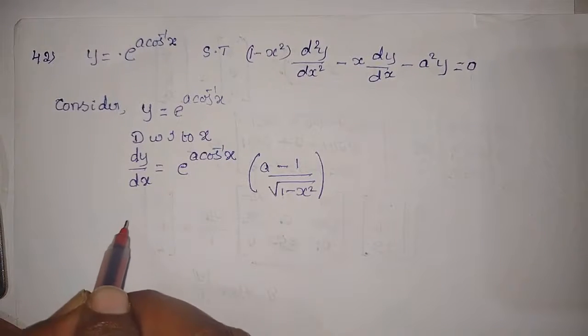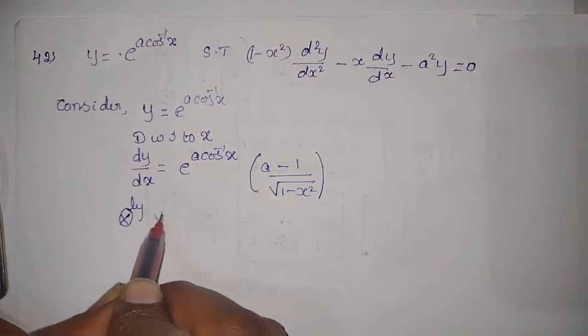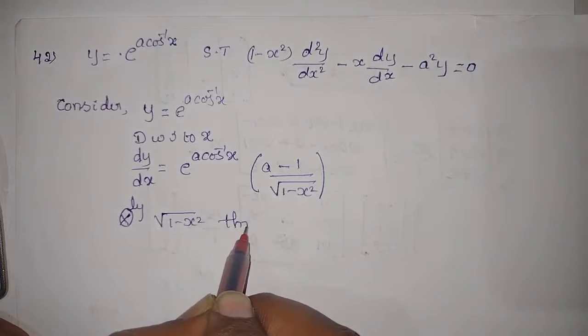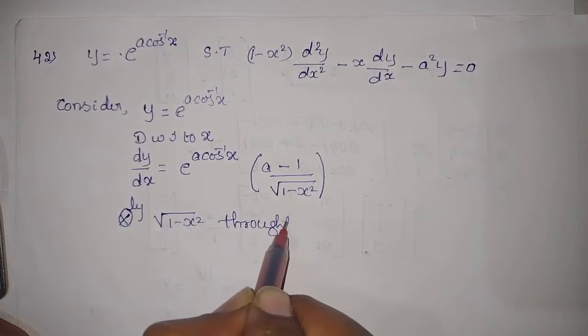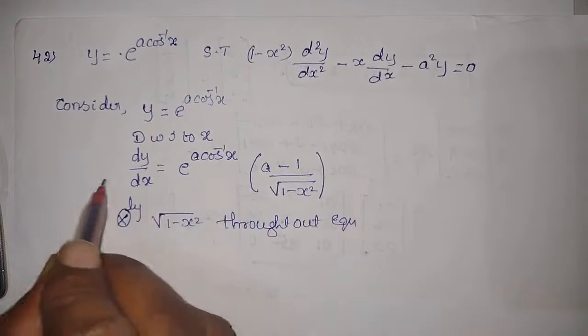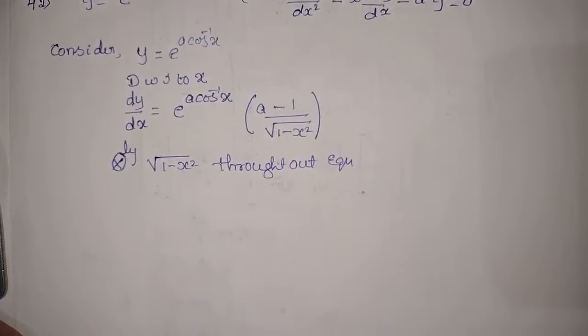After that, multiply root of 1 minus x square throughout the equation. The complete equation is multiplied by root of 1 minus x square.